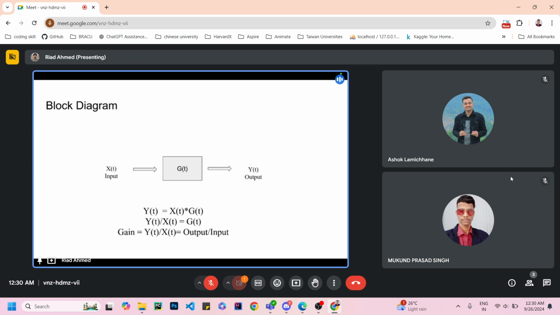As you can see, this is the input and this is the output, and here you have a block. The block has some task in it. Maybe it has a mathematical formula, and that formula will be performed on the input to make the output.